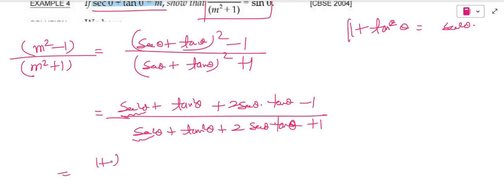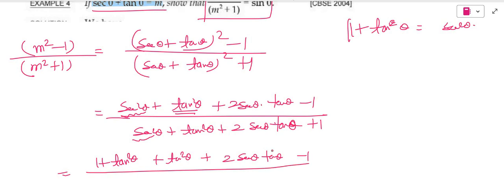So let me write 1 plus tan square, and this tan square was already there, plus 2 sec theta tan theta minus 1, correct? Divided by this sec square, which I am converting into 1 plus tan square, plus tan square, plus 2 sec theta tan theta plus 1. Here is plus 1. Correct? So anything is cancelling.